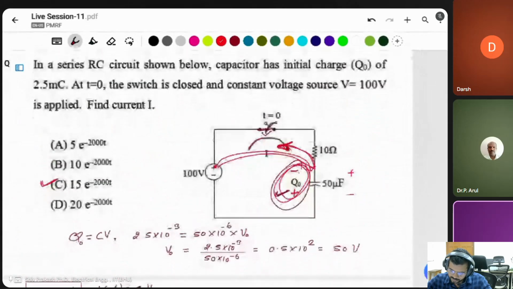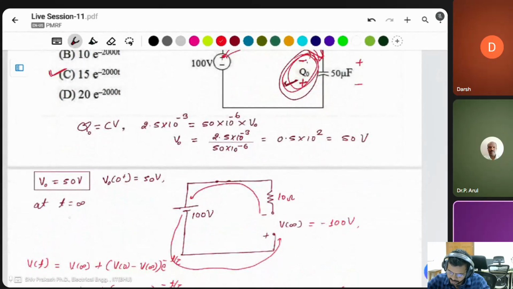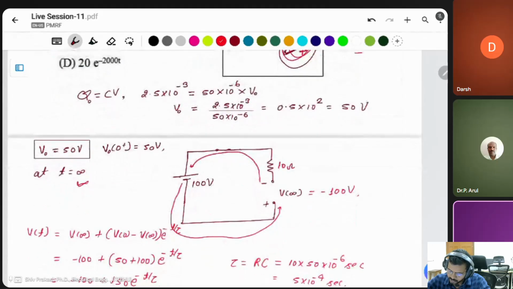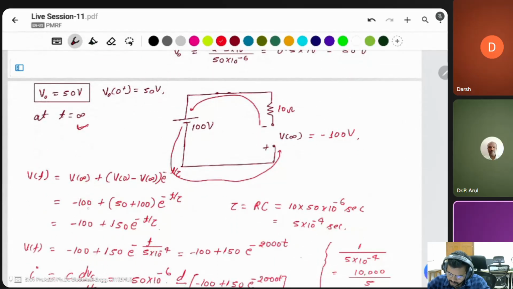Simply, in this case we have to find the initial voltage first, then we have to find the final voltage at t equal to infinity, which is direct because of the open circuit, all the supply voltage appears on this capacitor. Then we simply apply the formula: final voltage plus initial voltage minus final voltage into e to the power of minus t by tau.